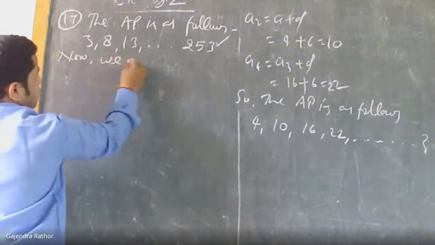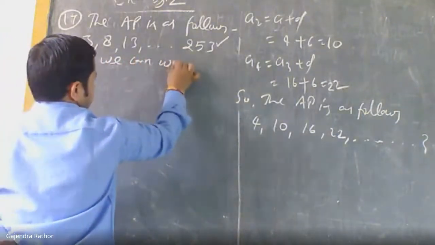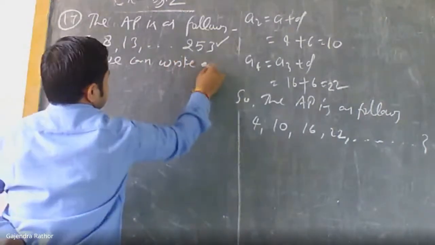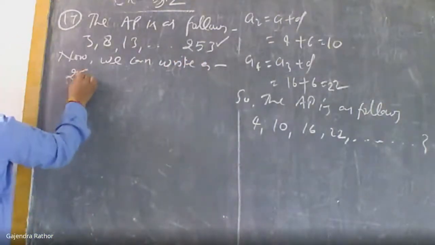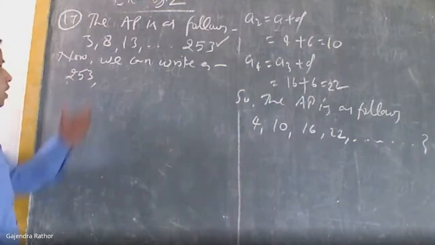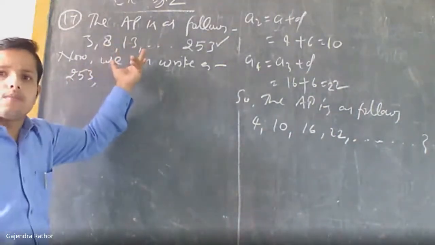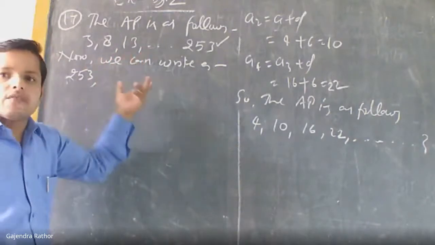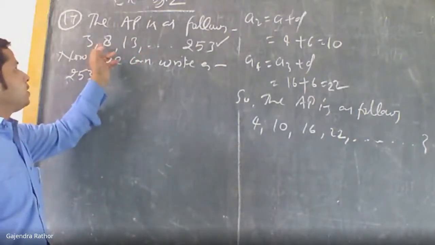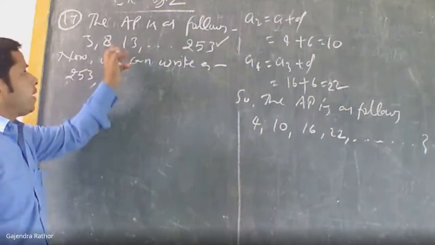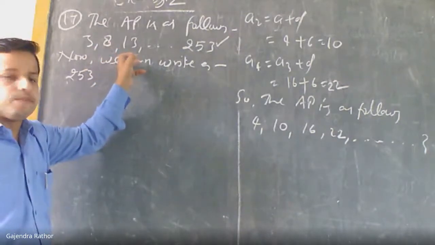What is the common difference of this AP? The common difference is 5: 8 minus 3 is 5, 13 minus 8 is 5.